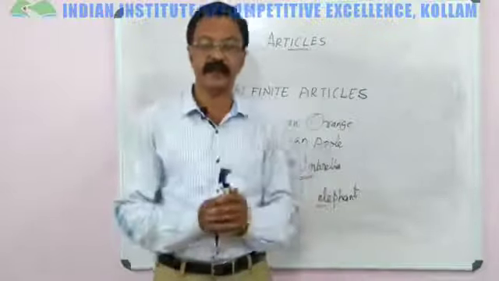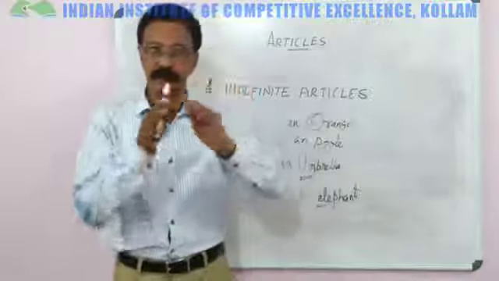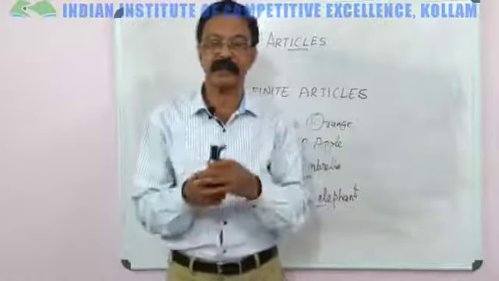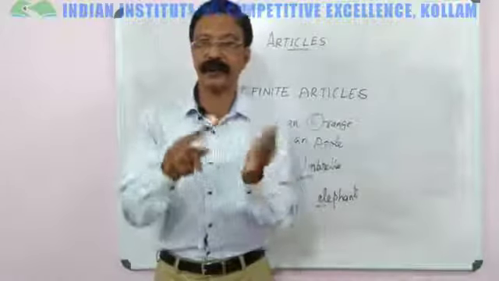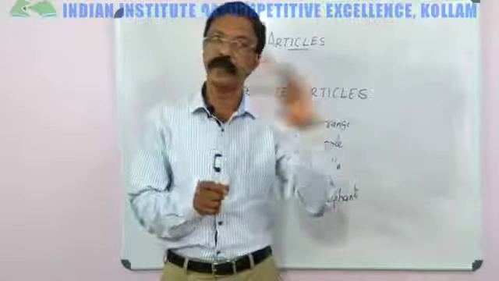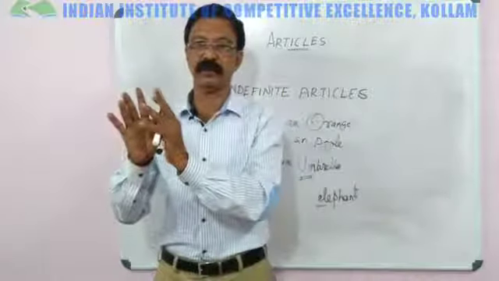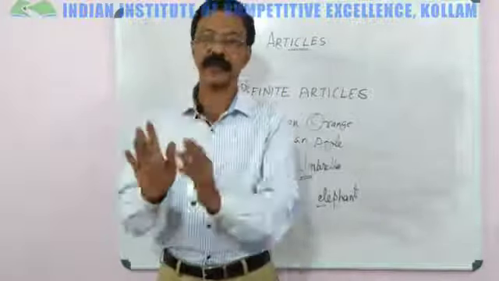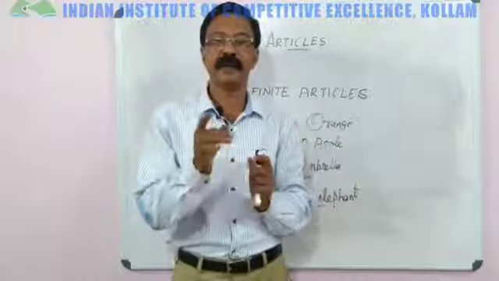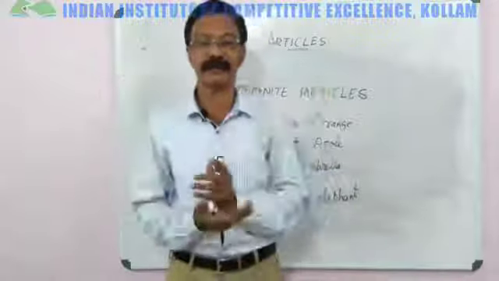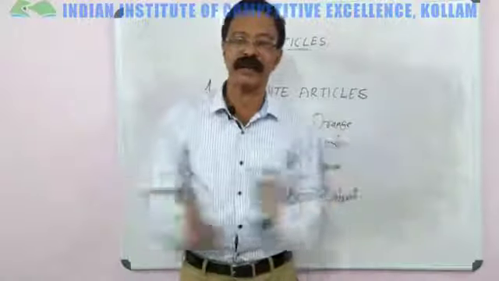Now we can see what makes the difference, or understand the difference between a and an. A is used with singular countable nouns starting without a vowel sound, or starting with a consonant sound.